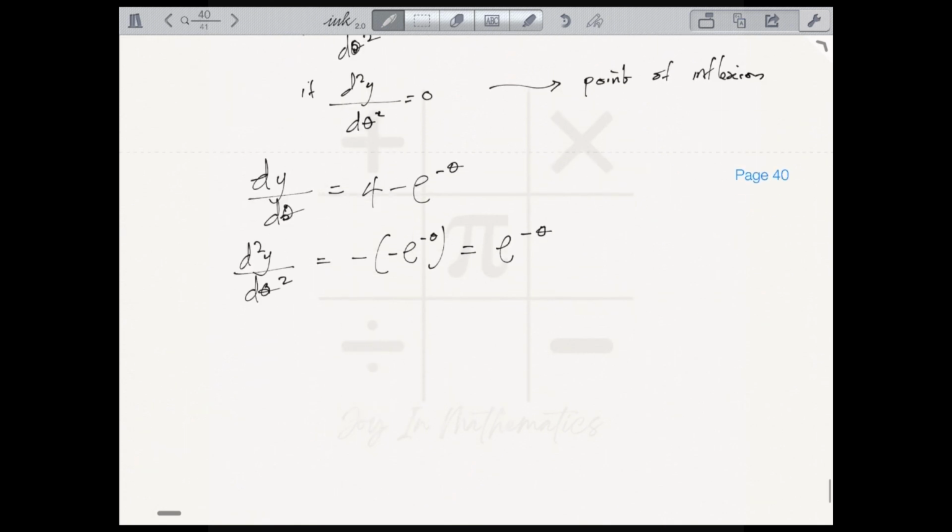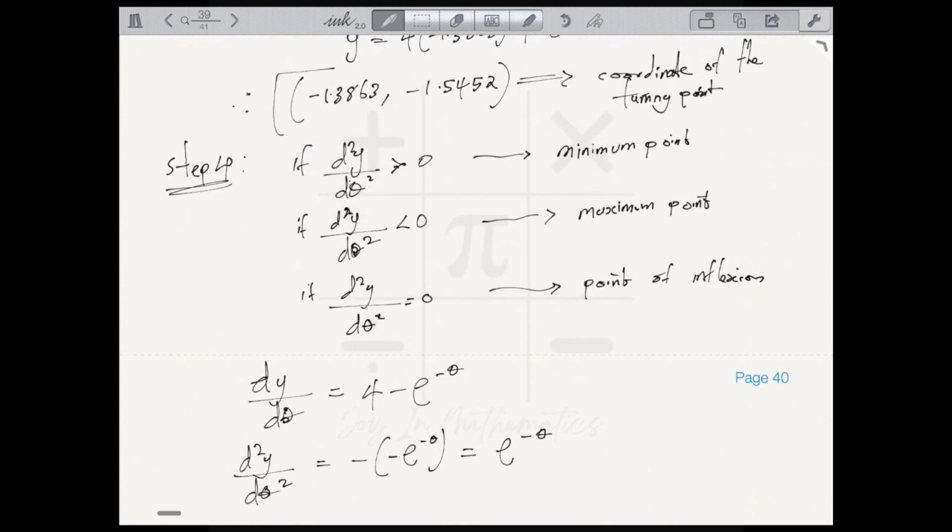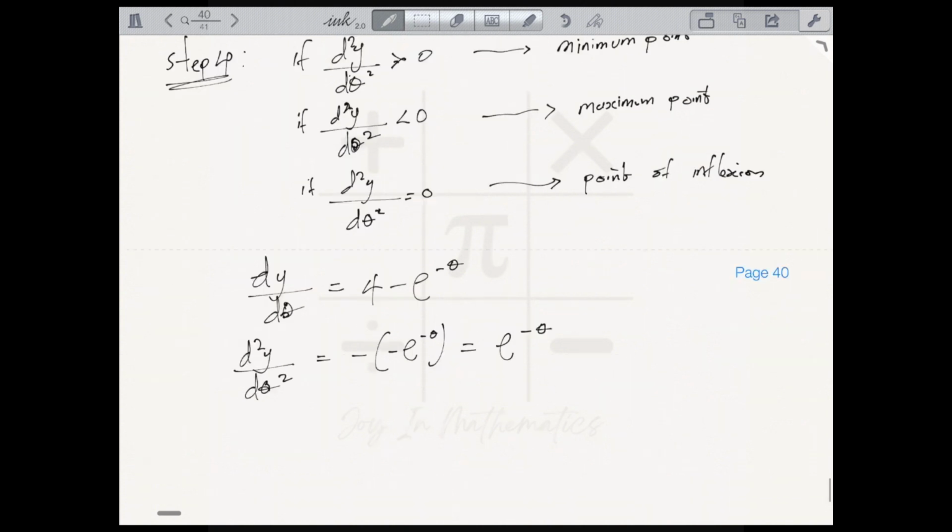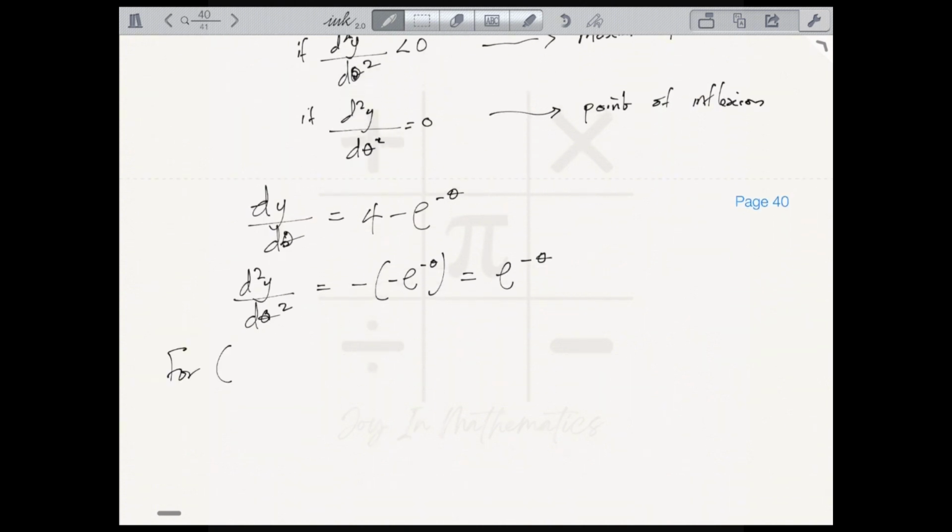Now, since the coordinates we are having is this, therefore we say for minus 1.3863, minus 1.5452, d²y/dθ² at theta equal to minus 1.3863. Now I want to determine the nature, if it is a maximum, minimum, or point of inflection.